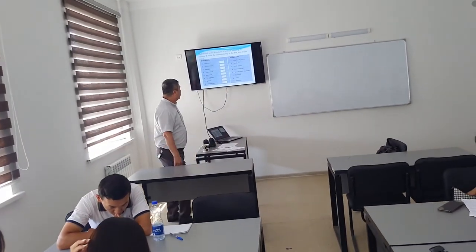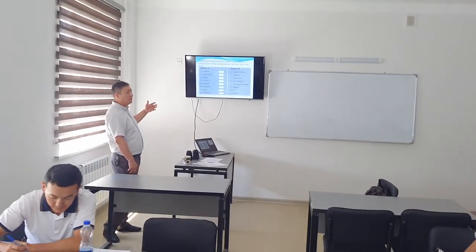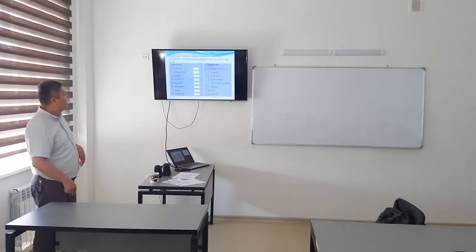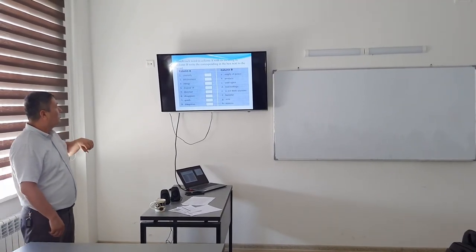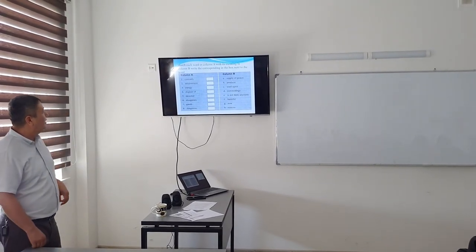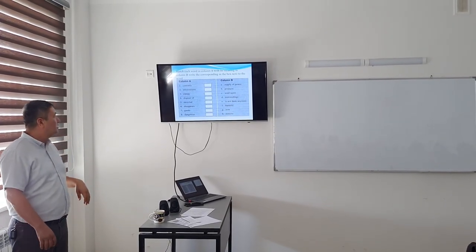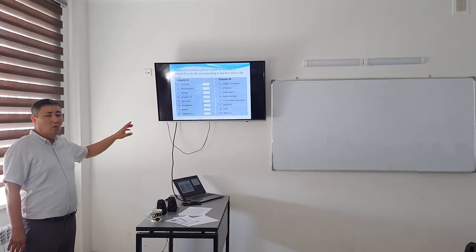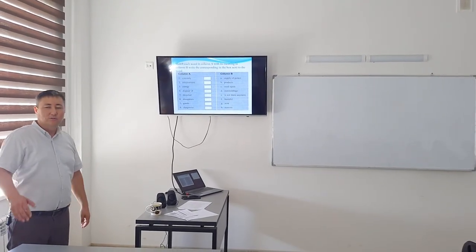I'll give you the instructions. According to our topic, some new words are given which are found in our passage. The first task: match each word in column A with its meaning in column B. Write the corresponding letter in the box next to the word. I think one minute is enough to do this task. So, time.